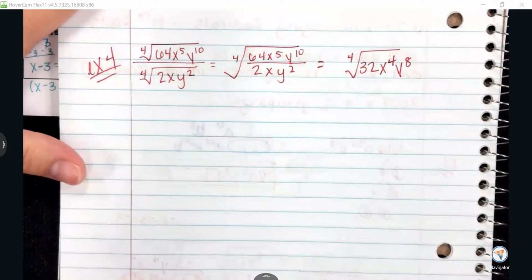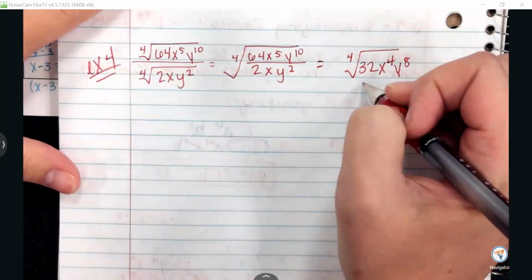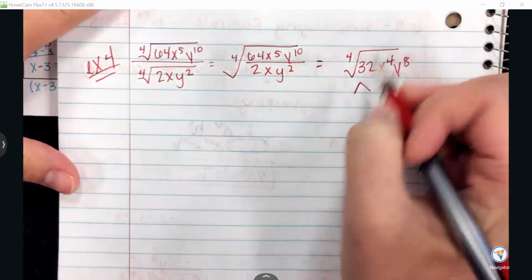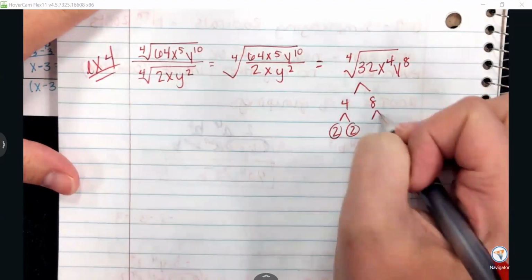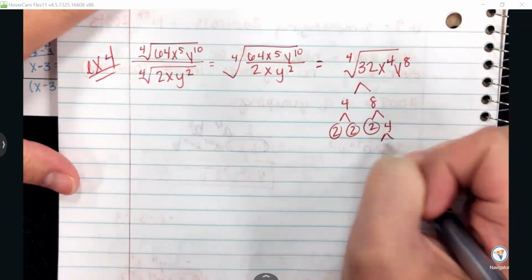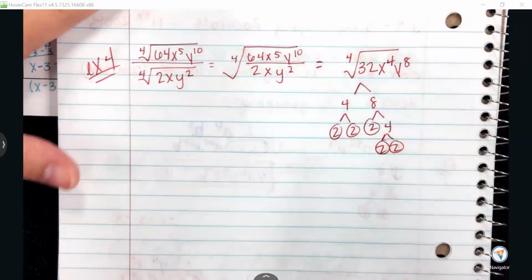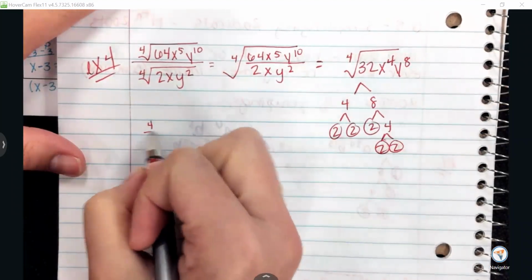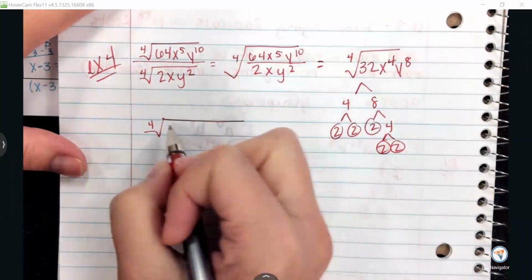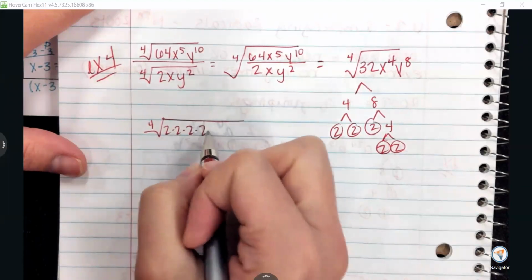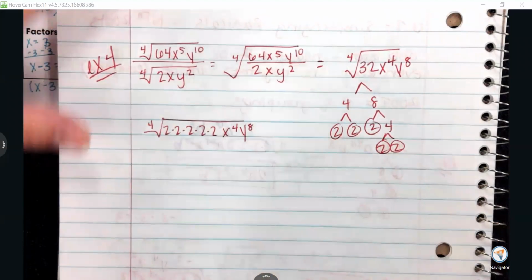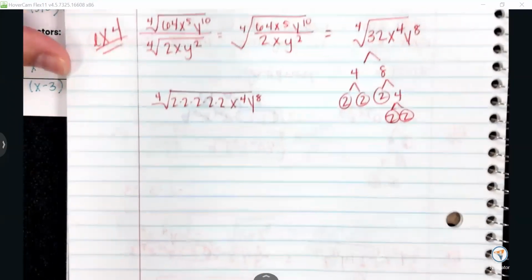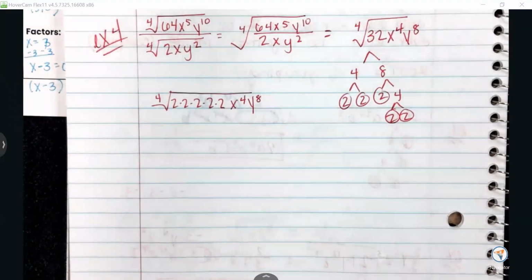So now this looks a lot easier since it's not a fraction. So I can break 32 down. If you need to break your 32 down, it doesn't matter what numbers you use because you have to break it all the way down till you can't anymore. In this problem, what am I looking for?